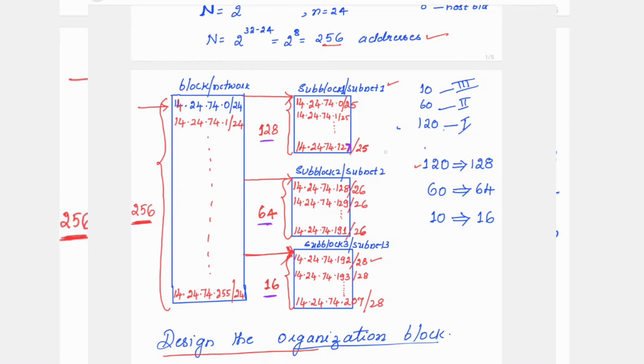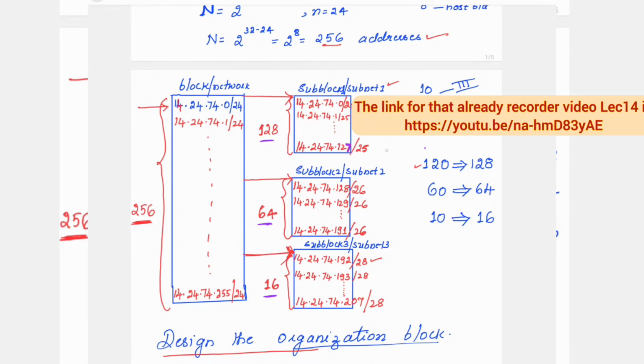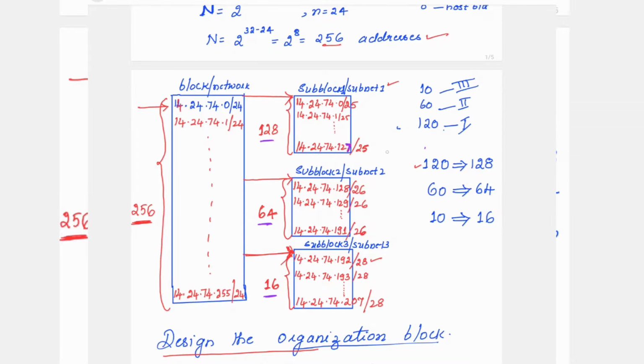Here I would like to tell one more piece of information. Already I have made a video lecture on this particular example. The title of that video lecture is Example on Subnetting. There I solved the same example, but one mistake happened. The last address of the first subnet has to be 14.24.74.127.